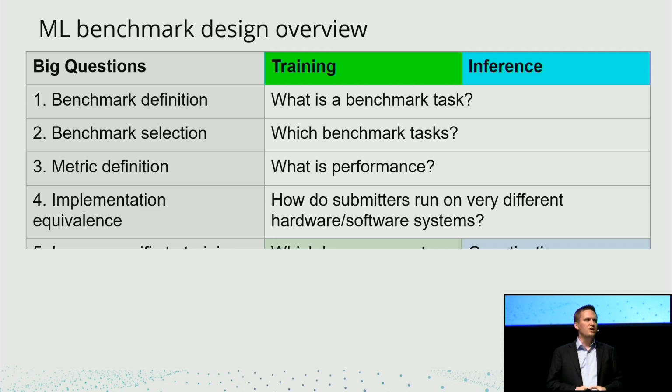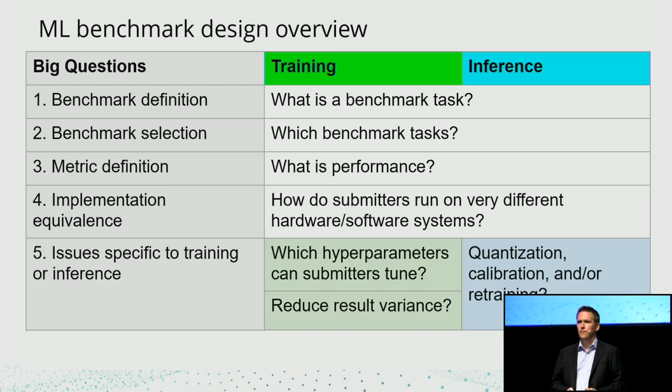ML has a unique challenge in benchmarking in that it's very hard to say, here's the ML code, compile it for your system, run it, there's your number. Rather, we really need submitters to re-implement the ML algorithm for their particular system. So if we allow them to do this, how do we judge that implementations are equivalent enough to enable us to compare architectures?